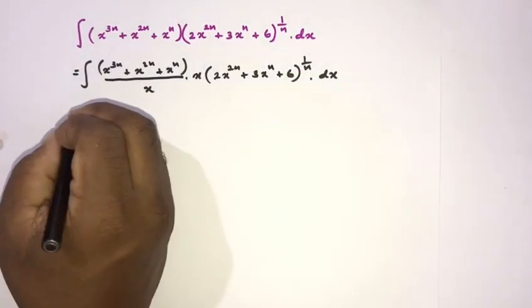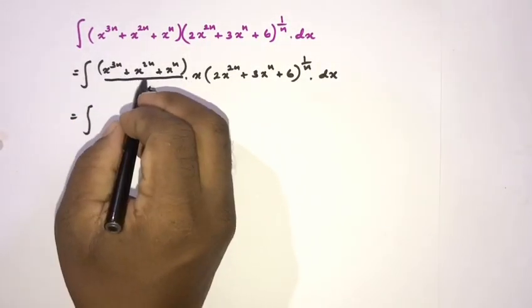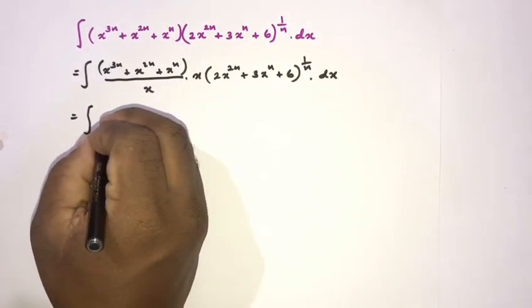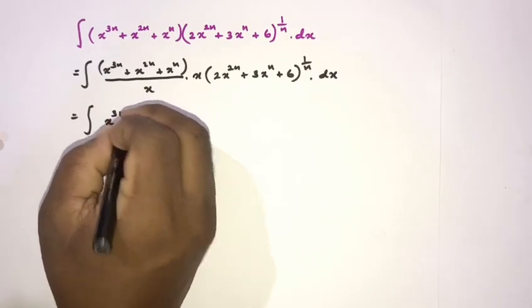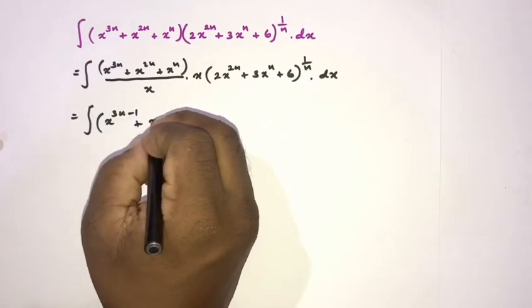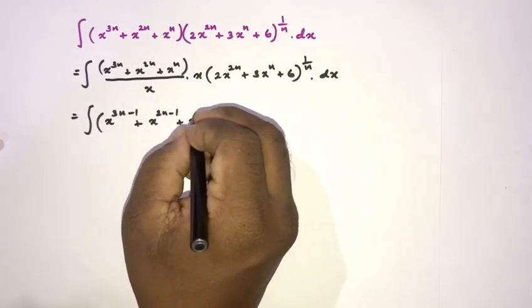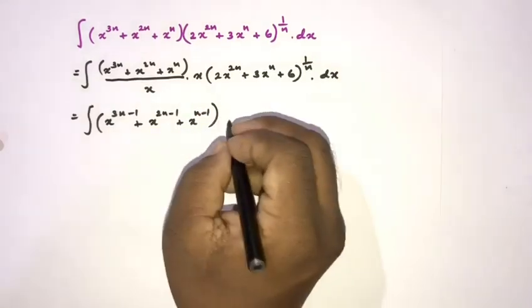Then if we divide this part by x, we will have x^(3n-1) + x^(2n-1) + x^(n-1) times.